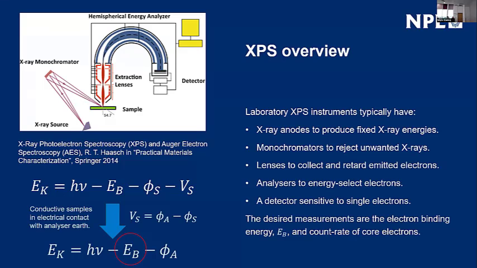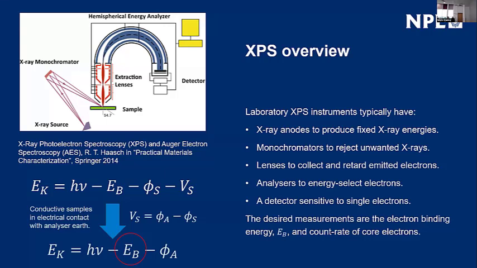You have lenses that collect and retard emitted electrons and put them into the analyzer. The analyzer energy selects electrons, and then you have a detector that's sensitive to a single electron impact. So I put all those together, and you have a functional XPS instrument.